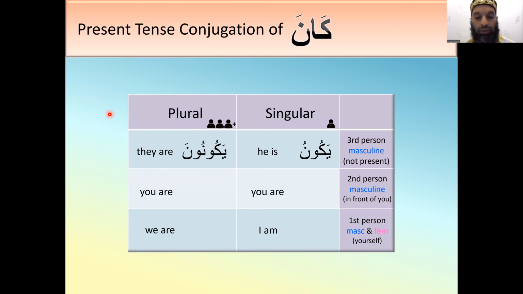Good. Takununa. Excellent. Sorry. Takunu. Yeah, you're right. Takunu. It's just the same. This one is just the same as this one, except this one starts with a ta, this one starts with a ya. Same with this one here.